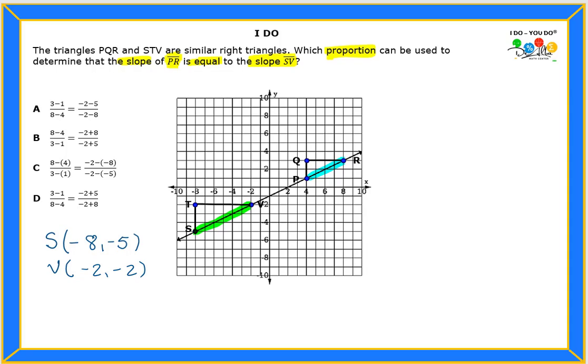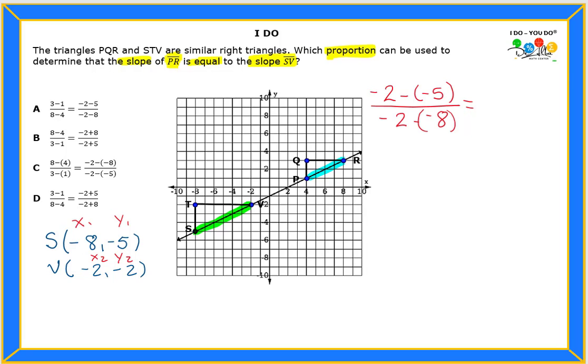So this is my x1, y1, x2, and y2. When I'm comparing them, I will subtract -2 minus -5, all of this over -2 minus -8. Is that right?